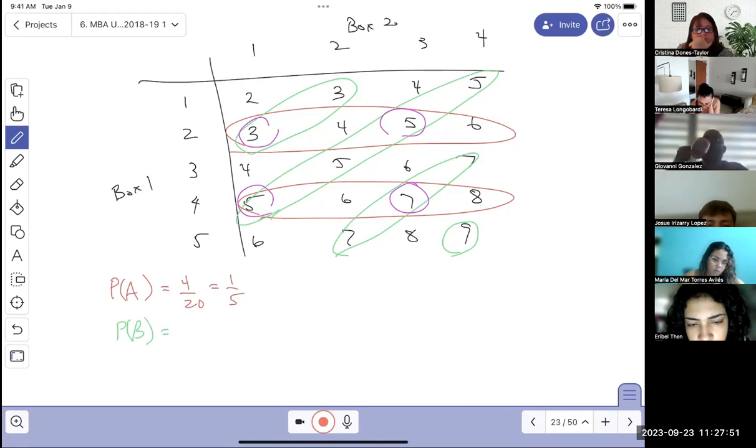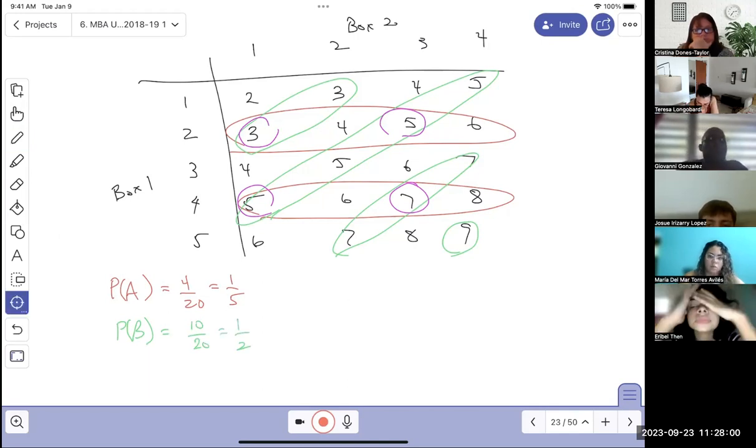And green was 10 out of 20, or half. The green was B. Notice that the purple, which is the A and B, we said it was 4 out of 20.